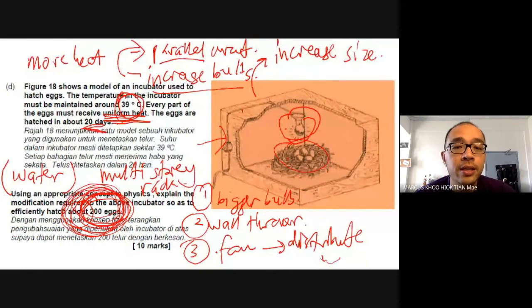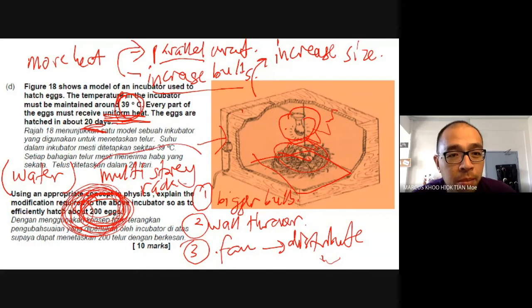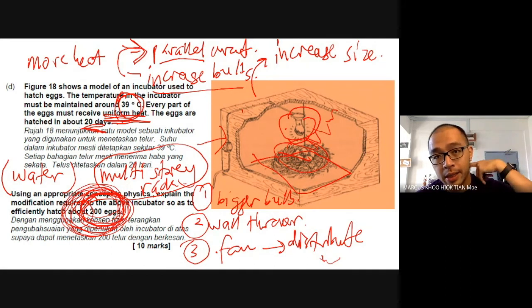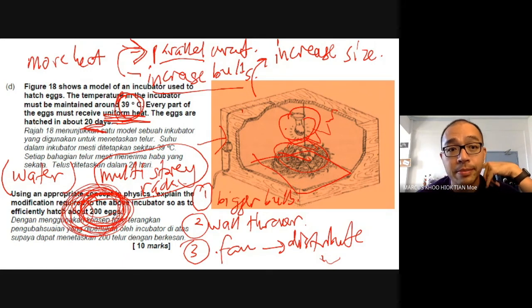So instead of having just one layer of eggs, 200 semuanya, you have many layers of eggs. But in order to do a multi-story rack, this is where the parallel circuit comes in. So every rack, setiap baris pada rack itu will have the light bulbs lah.